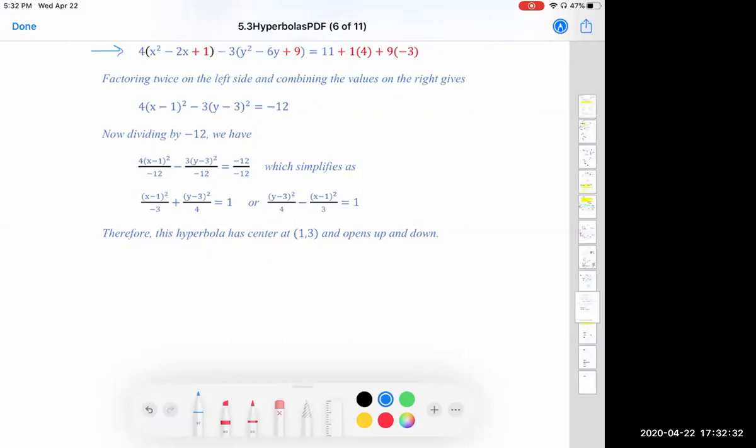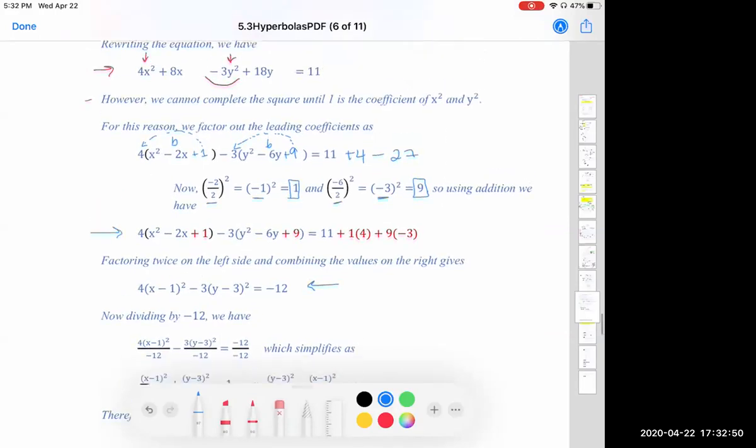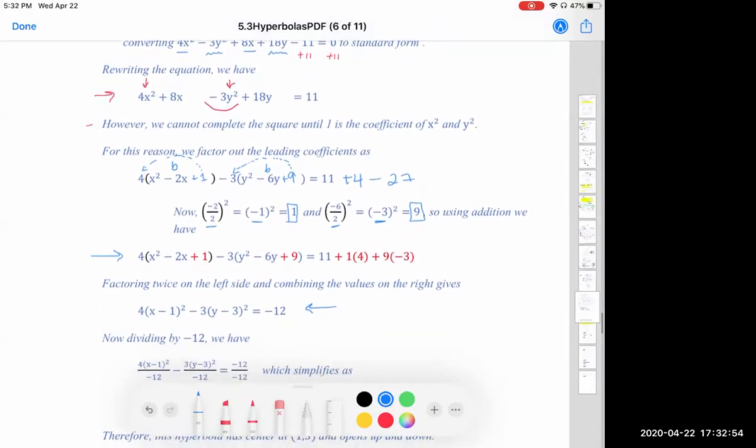All right, factoring twice on the left side and combining the values on the right side, we get here once you combine like terms. Did I hear a question? Yes, Ms. Bakari, how did you get a negative 2 when you factored out the 4 from the x's? That's a typo, it should have been a plus 2.